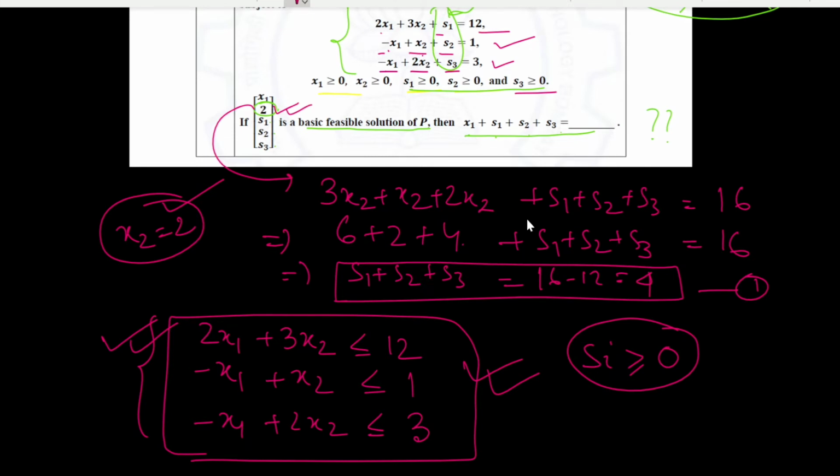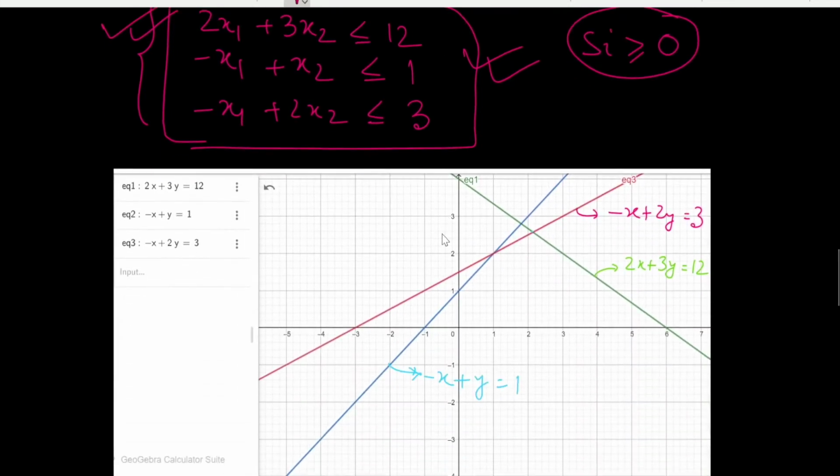Now we draw these three equations. First, 2x plus 3y equal to 12. This is a less than or equal to type constraint, therefore if we put 0, 0, then 0 plus 0 satisfies the inequality. So the direction for this inequality is towards the origin, that is this side.